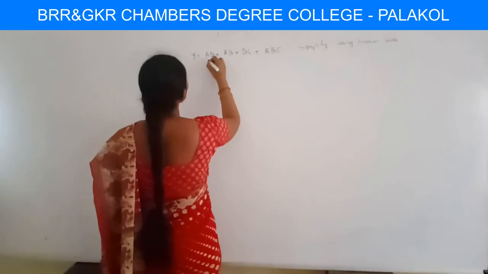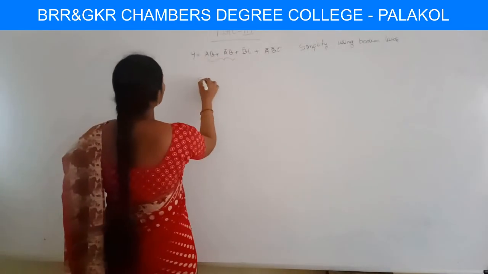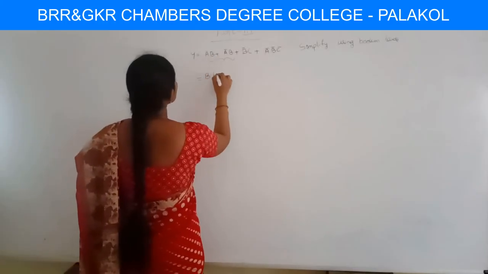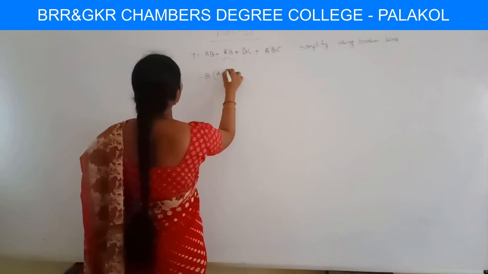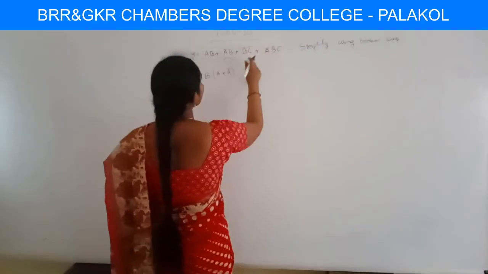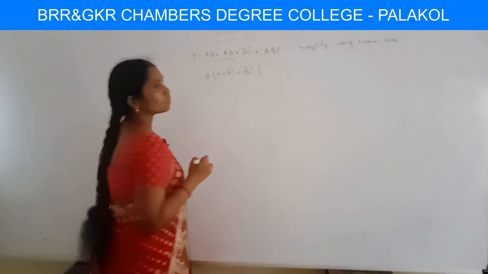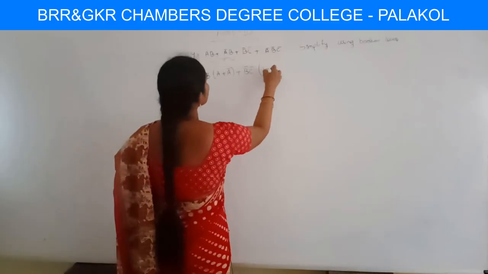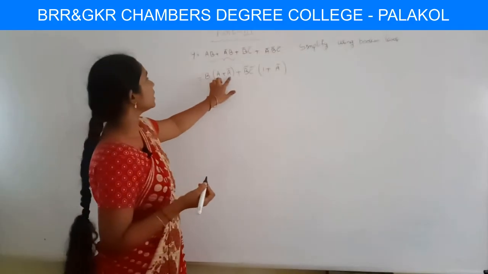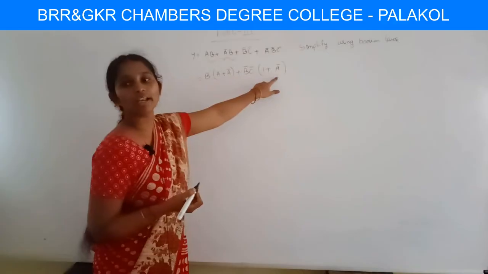In these two terms I will take B common, that is B times (A plus A bar). And in these two I will take B bar C bar common, that is B bar C bar times (1 plus A bar). Okay, so A plus A bar is equal to 1, and 1 plus A bar is also 1.